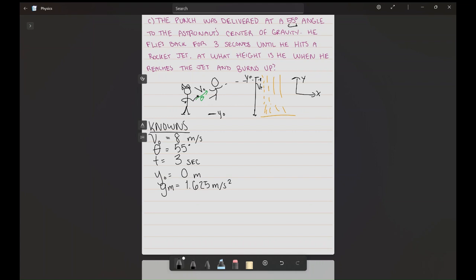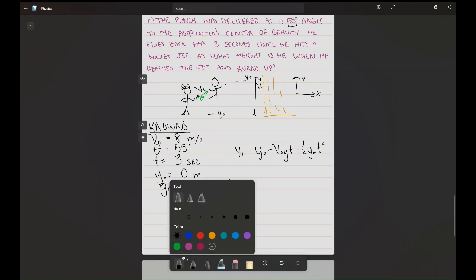So knowing all of this, we can use our kinematic equation to solve for y final. We have y final equals y naught plus v naught y t, which is why we're going to need the theta, minus, not plus. We're going to say minus here because we're keeping this a positive value, 1/2 g subscript m t squared.